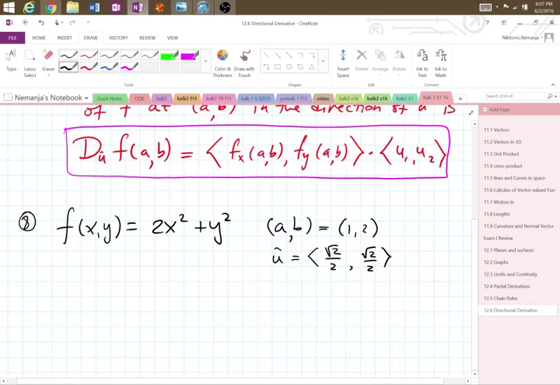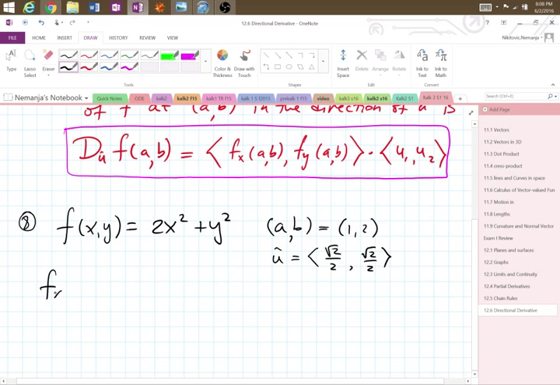All right, so now let's decode the formula and see how this works. When you are looking at the formula, we have fx computed at a, b. So if you have fx, you have to compute the partial derivative fx.